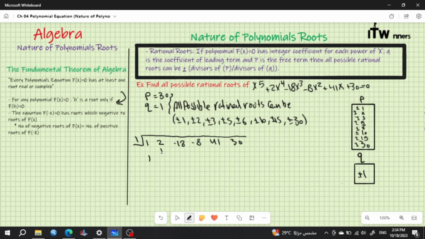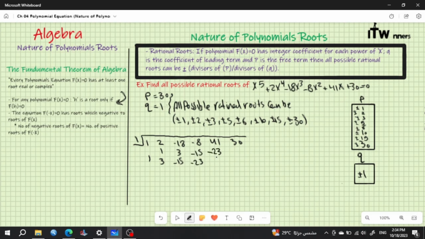So we have here negative 15, negative 15 times 1, negative 15. This equals negative 23. Negative 23 times 1 equal to negative 23.